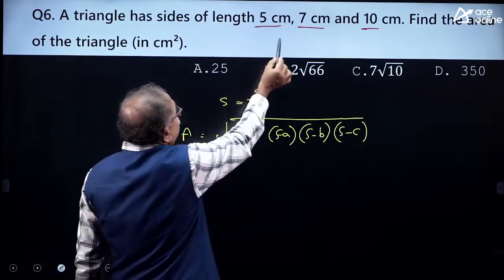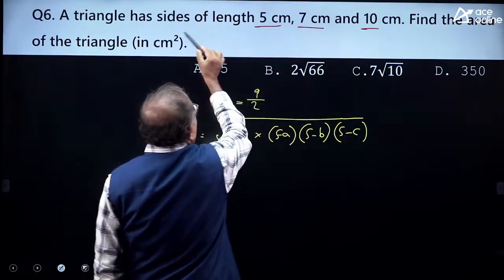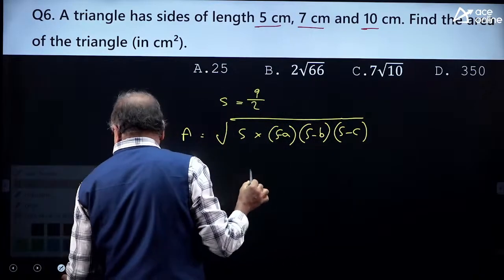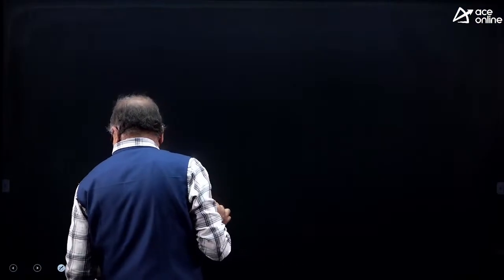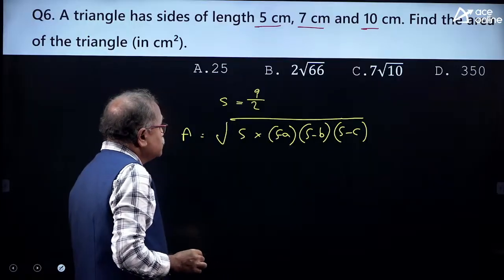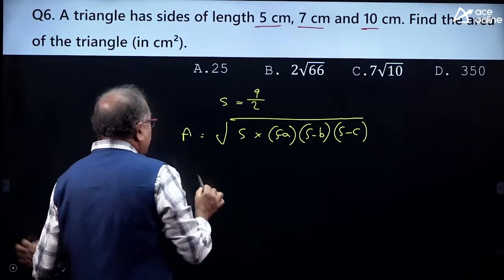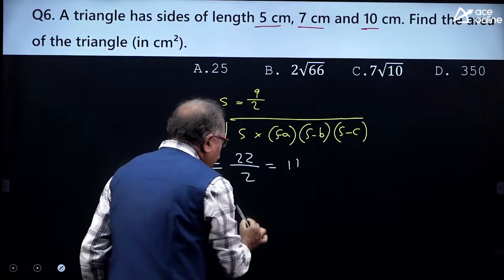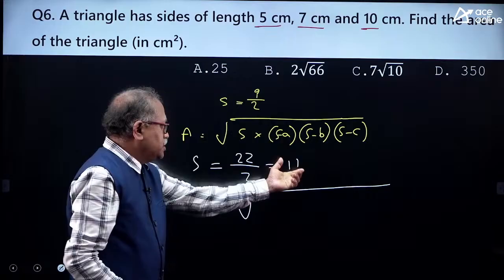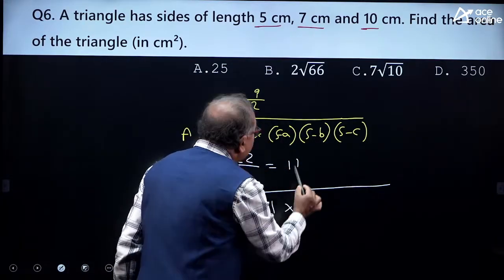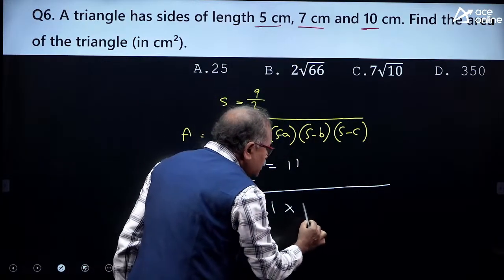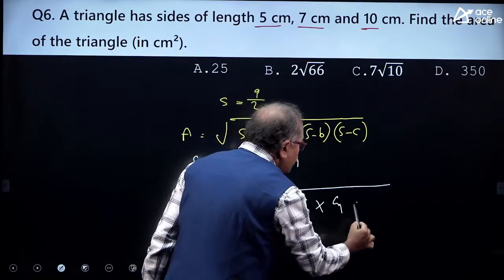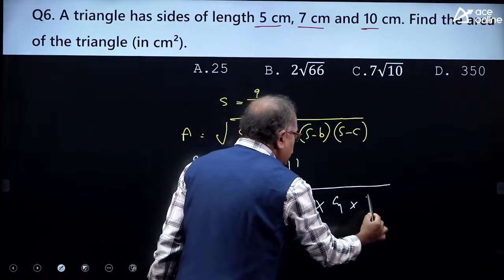What is S here? 5 plus 7 is 12, and 10 more is 22. So S is equal to 22 by 2, which is nothing but 11. Now I need to find the area, which is 11 into 11 minus 5, that comes to 6, into 11 minus 7, that comes to 4, into 11 minus 10, that is 1.